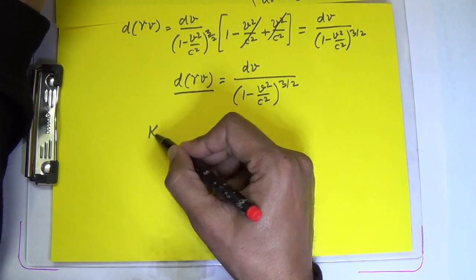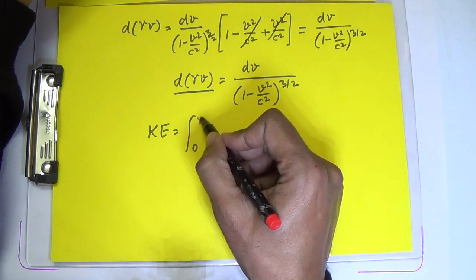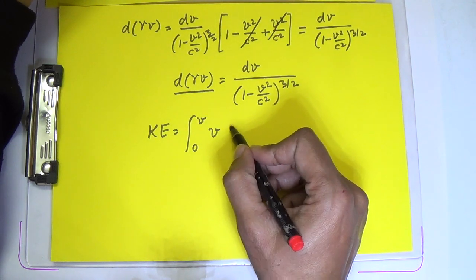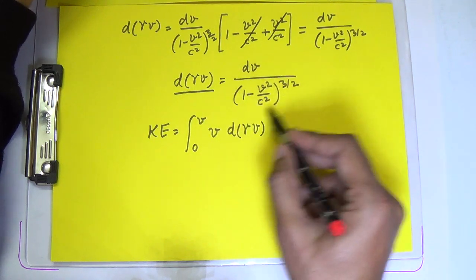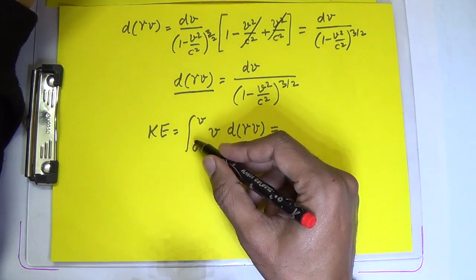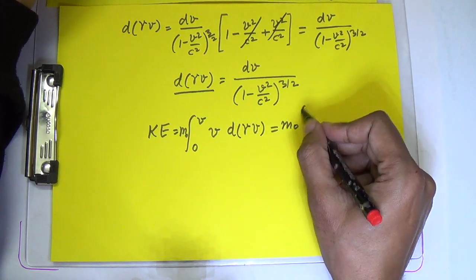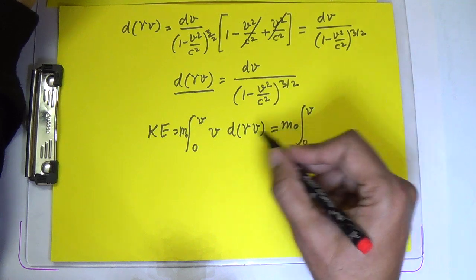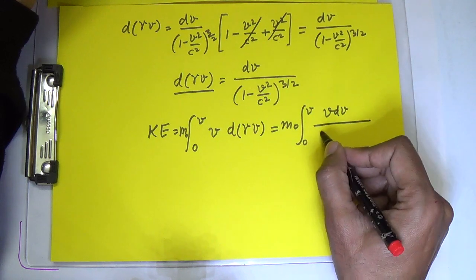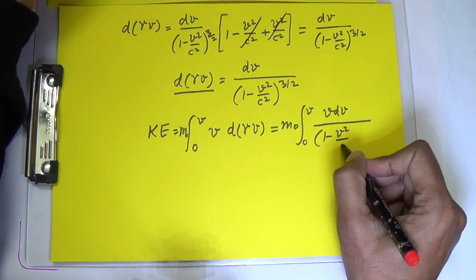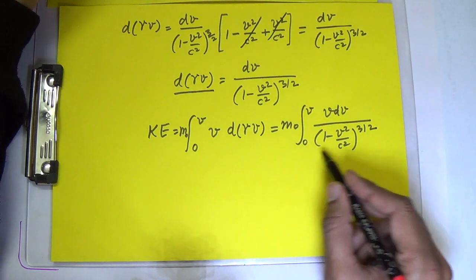The kinetic energy formula is the integral from 0 to v of v d(γv), and now I know the d(γv) value, and I can put m naught here also. So m naught integral from 0 to v, v dv upon (1 minus v square upon c square) to the power 3 by 2. Now I have to solve this integration for the kinetic energy.